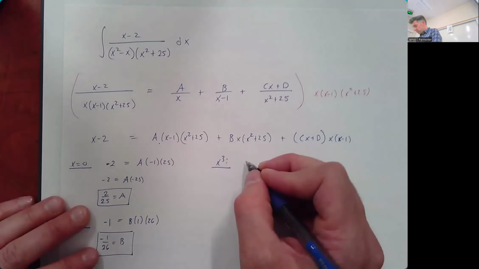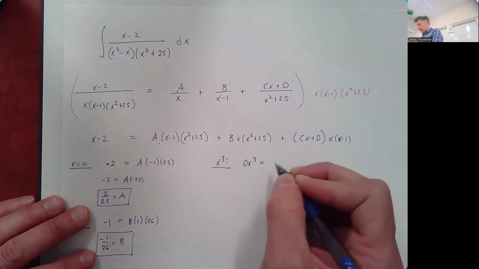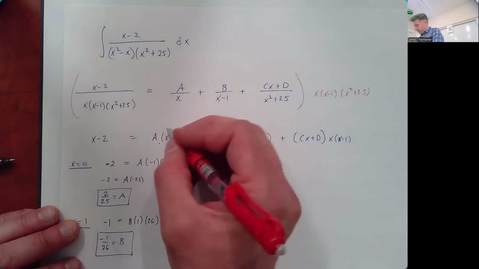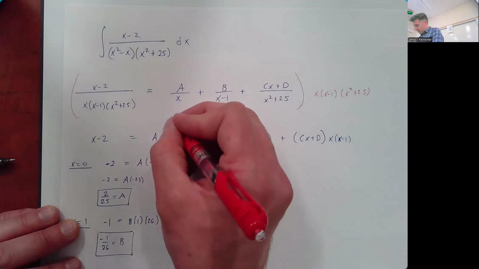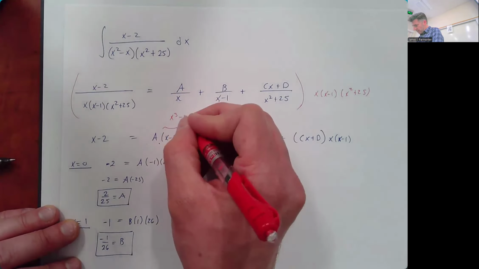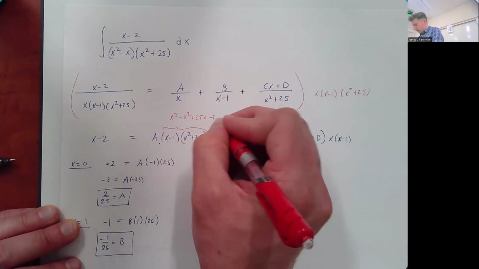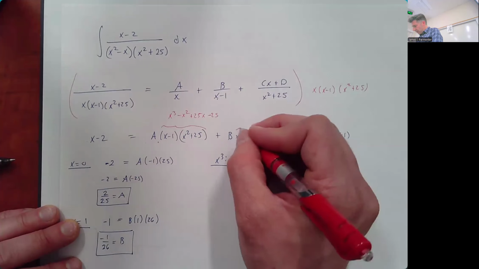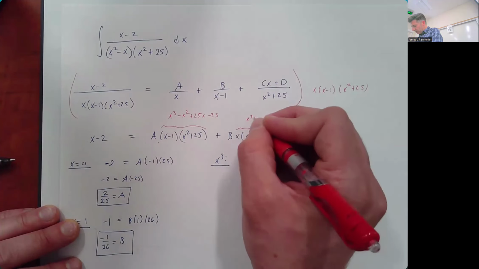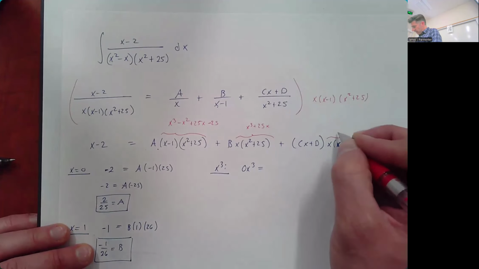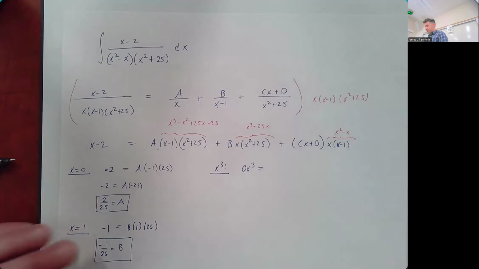On the right-hand side, if I multiply this out, I am going to do it a little bit. If I multiply just this part out, it's going to be x cubed minus x squared plus 25x minus 25. This part here would be x cubed plus 25x. And this part here would be x squared minus x.